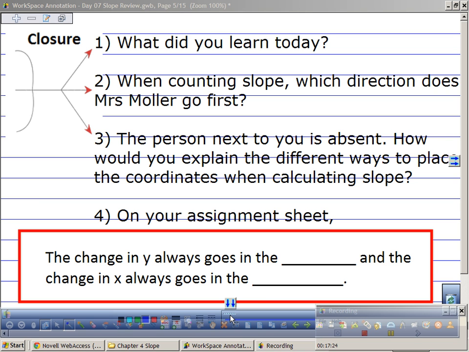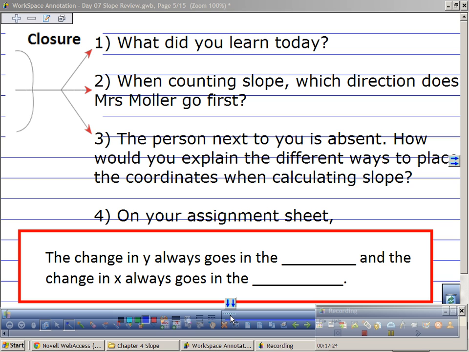Which direction do I go first when I'm counting slope on a graph? I always go up. Then how do I decide which way to go, left or right? Elijah, how do I decide whether to go right or left? If it's a negative or a positive.